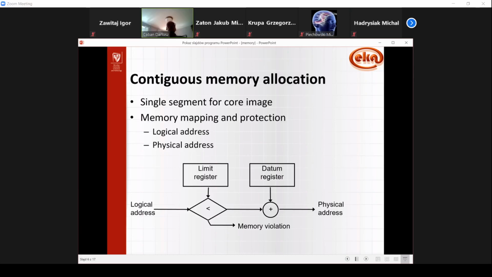Okay, so this is one problem, but there is also another problem with this type of memory allocation. This other problem simply means that if your program needs to change the amount of memory it uses dynamically, then you have a problem, because before it and after it in memory are different programs, and you just can't increase the memory.